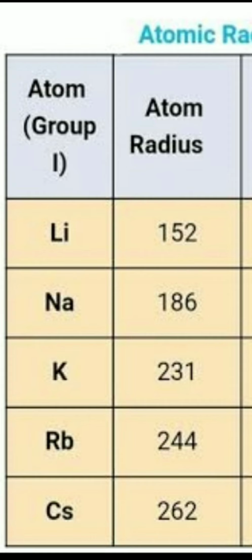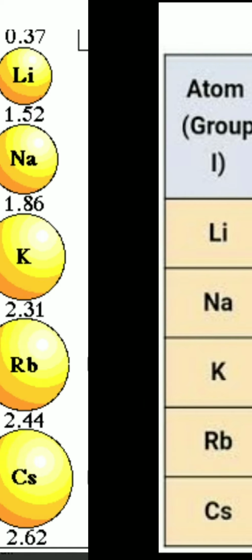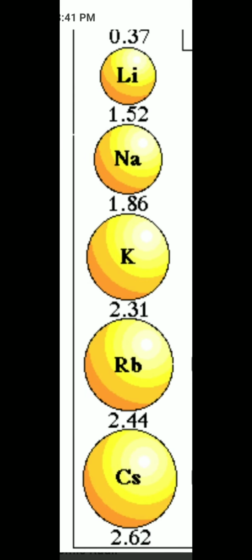By observing this arrangement, we can say that this pattern matches group 1. The biggest atom in this arrangement is cesium, which has atomic radius 262 picometer, while the smallest atom is lithium, which has atomic radius 152.